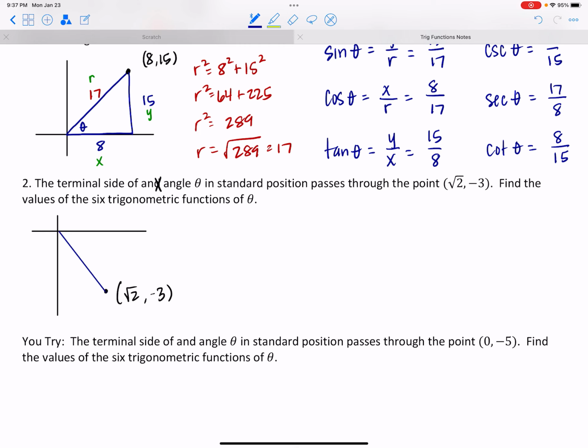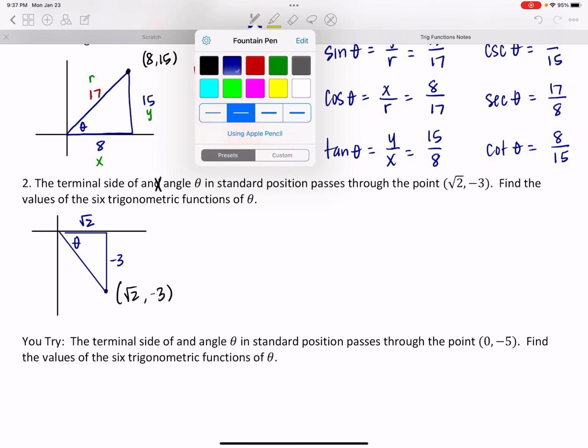And then I'm going to make a triangle out of this, again, just like before. So if I make my triangle out of this picture, again, here's my angle that I'm looking at. We said we went over radical 2, and we went down negative 3. And now I can use those x and y values and clearly see in my picture that that's Pythagorean theorem relating those. So now I'm going to find r.